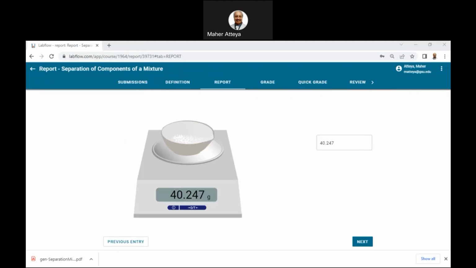The error is found to be at 40.242. So 242. The correct value is 40.247.